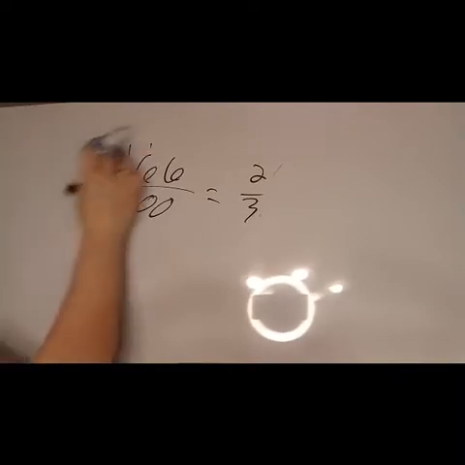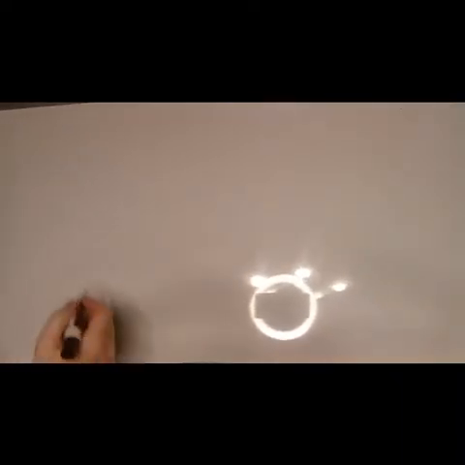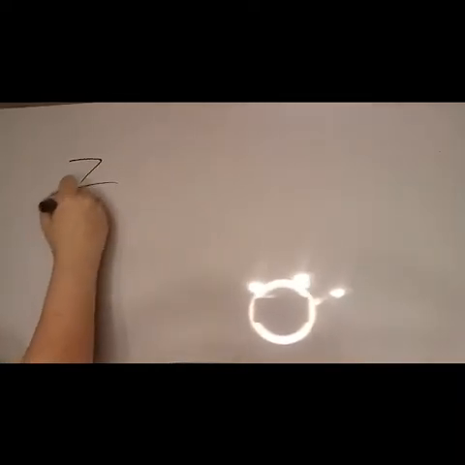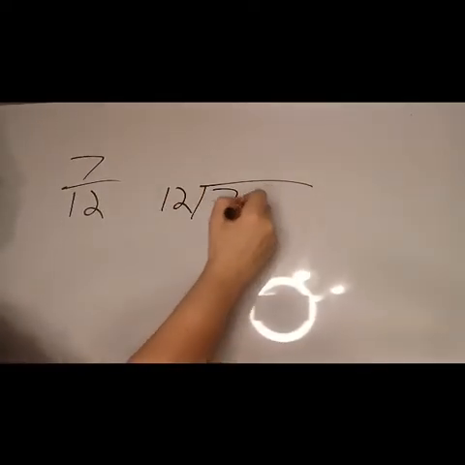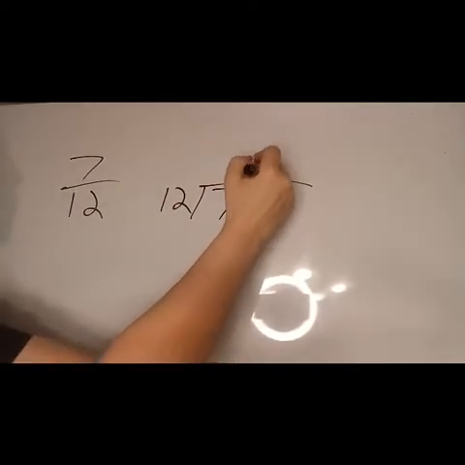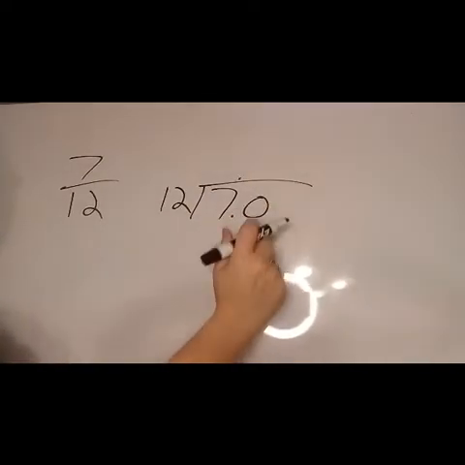Let's try another one with a 3 in the denominator. Let's do 7/12, which is 7 divided by 12. 70, we're going to have 5.